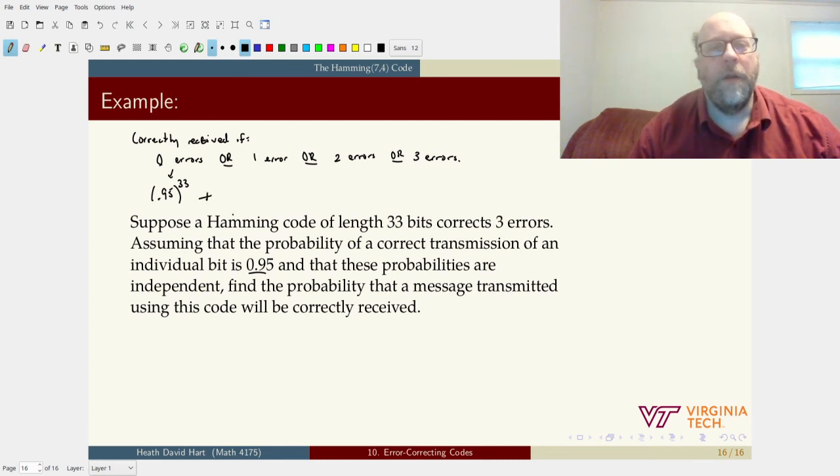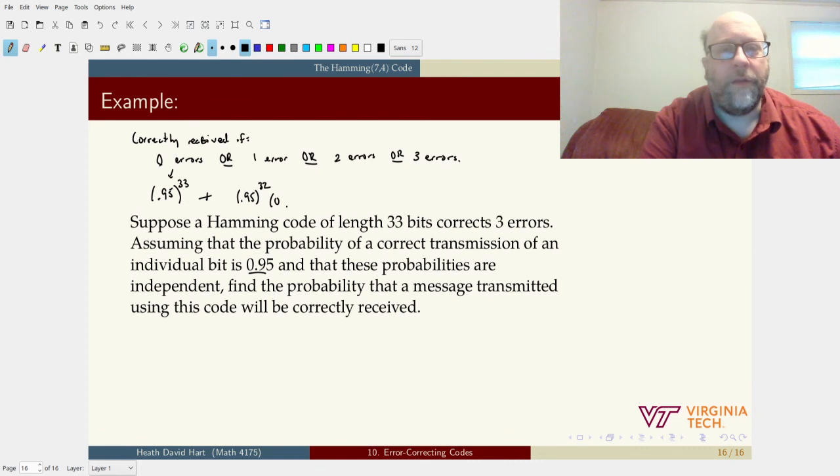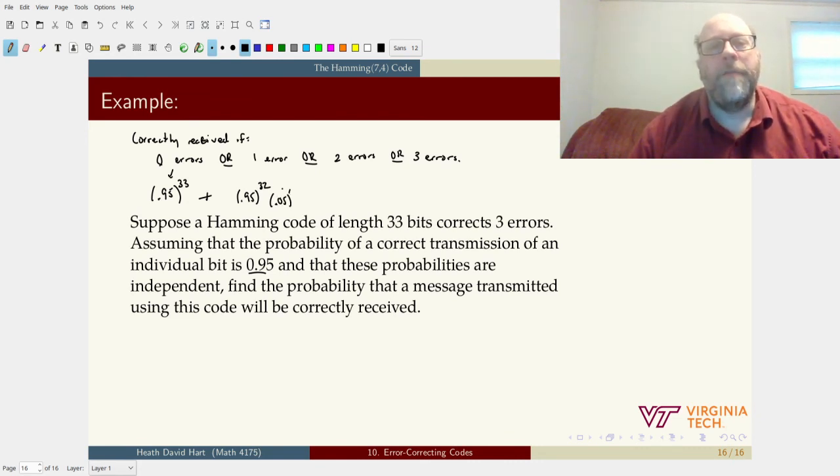Or the probability of having 1 error is getting the 95% chance 32 times and the 0.05 chance once. But this 1 bit that had an error could be in any of the 33 positions. 33 choose 1 position for that 1 error to show up.